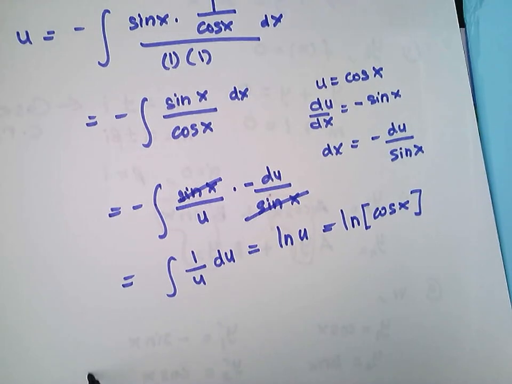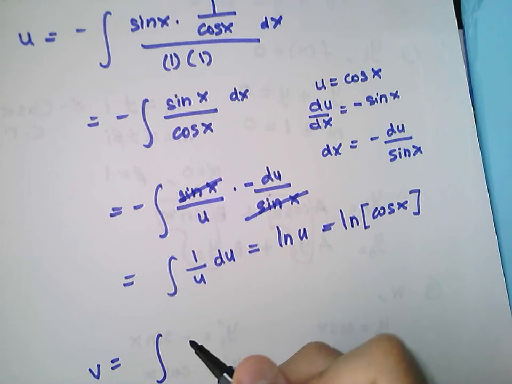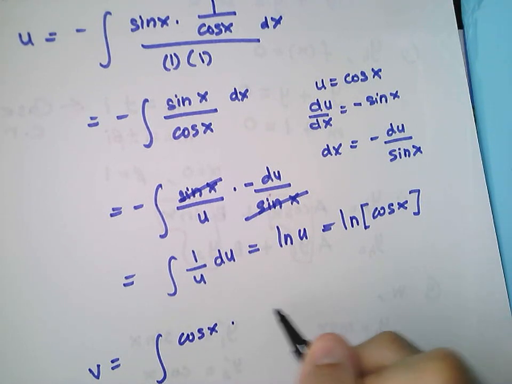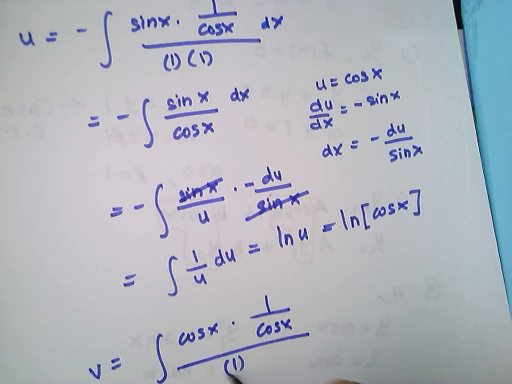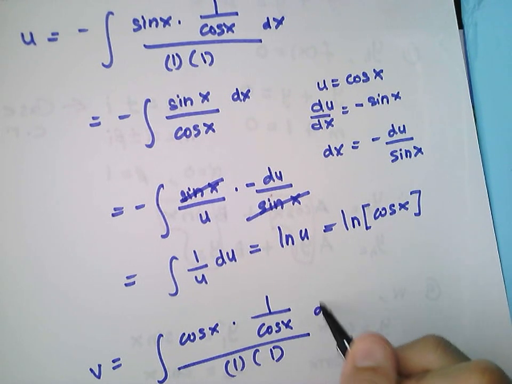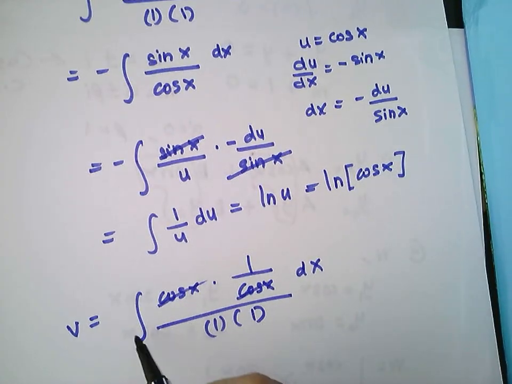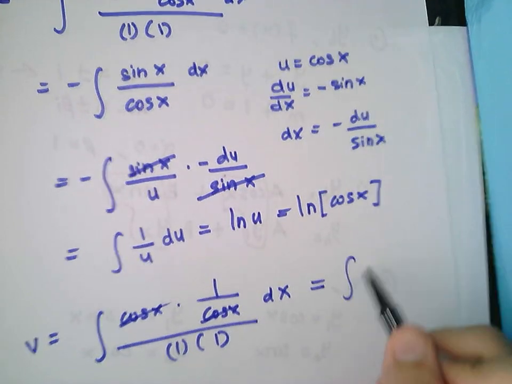Your v is equal to the integral of y1 times f(x) over a times w, dx. Your y1 is equal to cos x, your f(x) is equal to 1 over cos x, your a is equal to 1, your w is equal to 1, dx. So simplify this one. Actually you are going to integrate 1 with respect to x. Therefore you will have x.